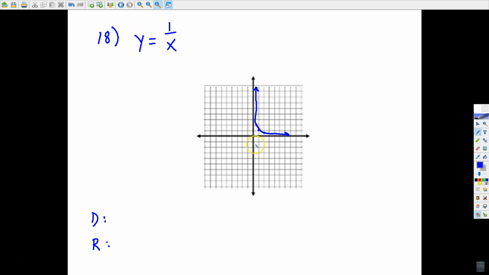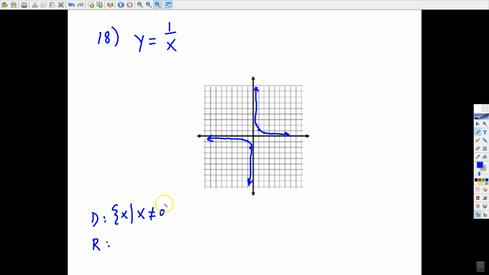And then remember that this is in 2 branches. So if you input -1, you get -1. If you input -a half, you get -2, and input -2, you get -a half, and here's the other branch. And so you can state the domain for this as all x, such that it's all real numbers except for 0.